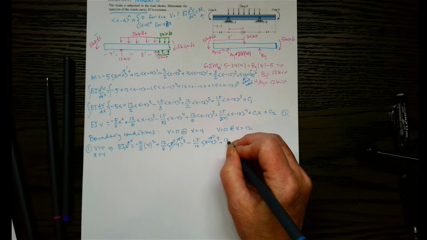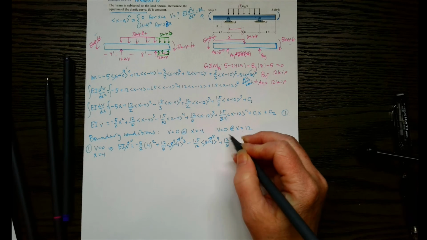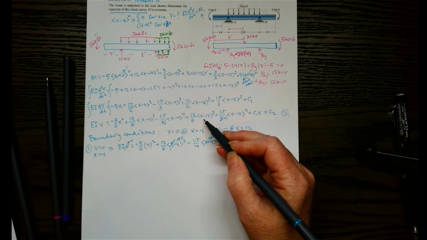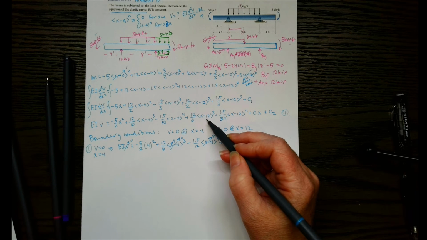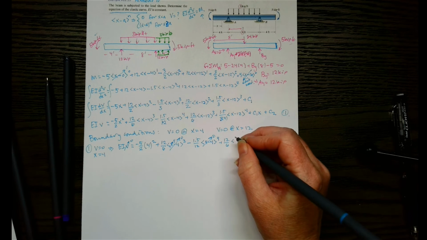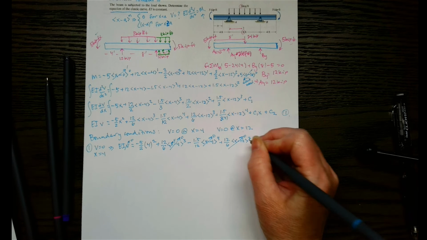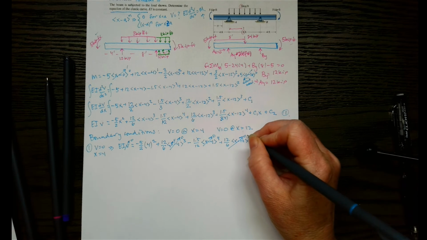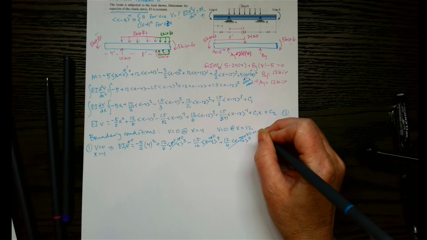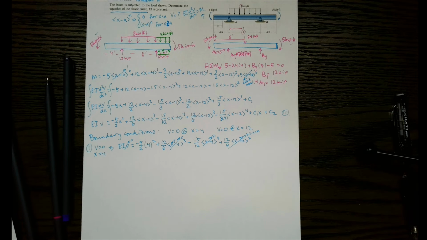Now let's do the next one. So 12 over 6. On this one, 4, which is our X, is less than 12, because A is 12 here. So because of that, this term is going to go to 0, and that's because X is less than A there.